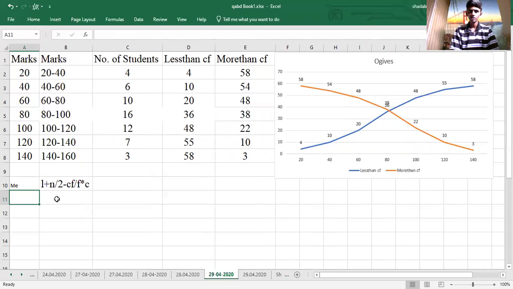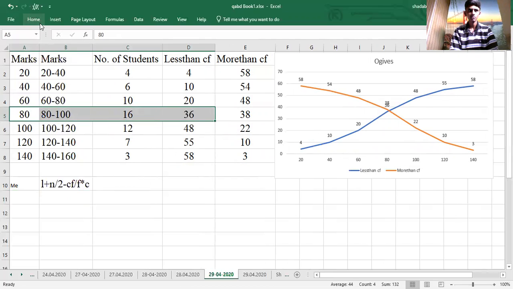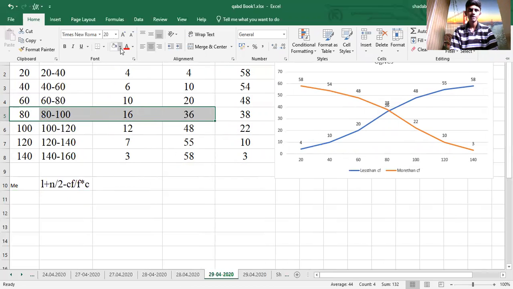Now for the median, N divided by 2, where N is 58. If you add all this, you will get 58. 58 divided by 2 is equal to 29. Where is 29 lying? It is lying in this column. Consider this one as the median class.